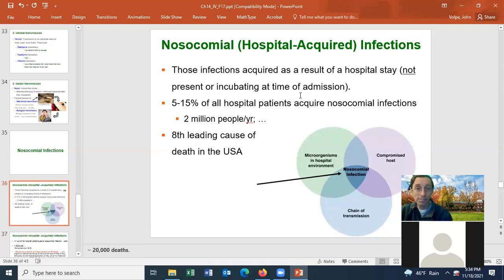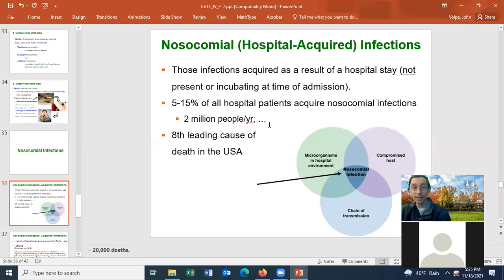It's estimated that 5 to 15% of all hospital patients in the United States come down with a nosocomial infection. This is 2 million people per year in the United States, and it causes an estimated 20,000 deaths each year.